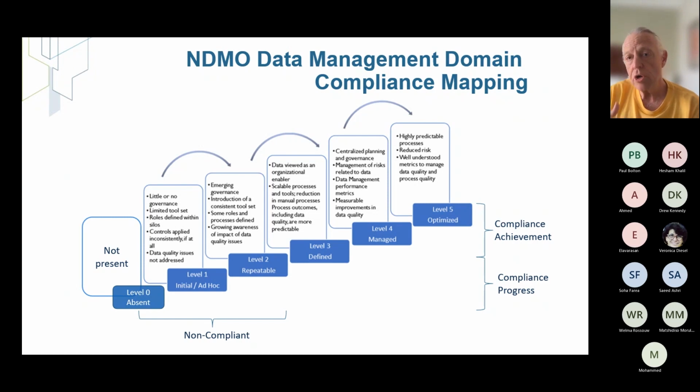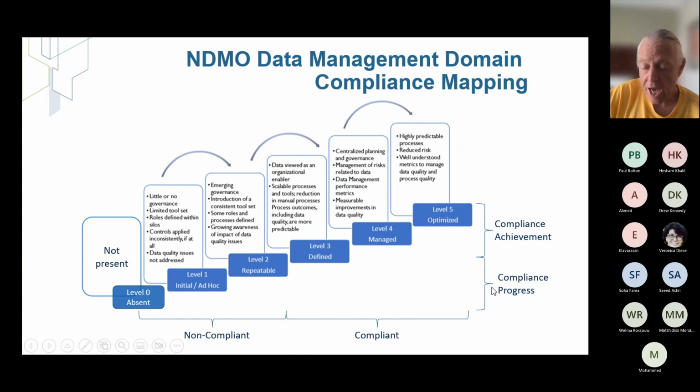And so when we talk about P1, you have to be 100% on the P1 submissions, and you have to work the different areas. So the way we designed it is that you're non-compliant up to a defined level. You then go to your next level, which is compliance. And now what we're focusing on is our compliance progresses. How good are we at being compliant?